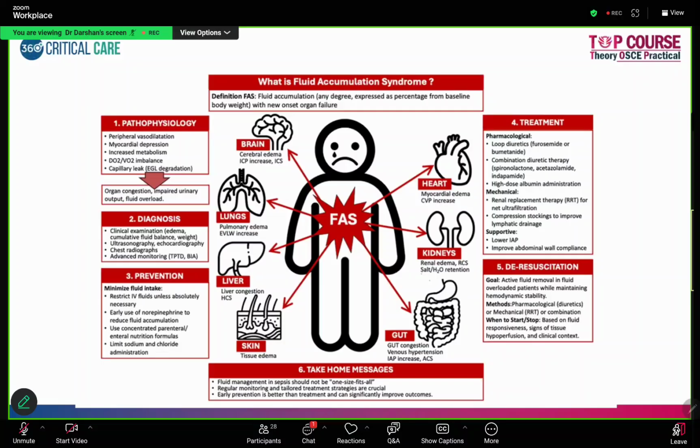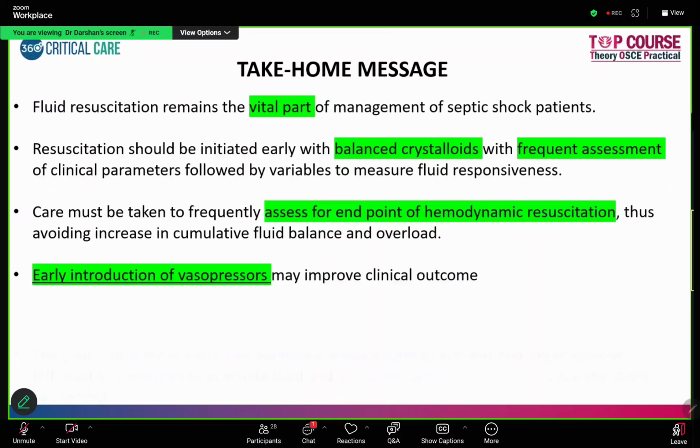That is your fluid accumulation syndrome or global increased permeability syndrome. So this is a gist of what happens if excessive overzealous fluid therapy is done. It can cause cerebral edema, pulmonary edema, ARDS, liver congestion, acute kidney injury, myocardial ischemia, gut congestion, etc. So this is about fluid therapy.